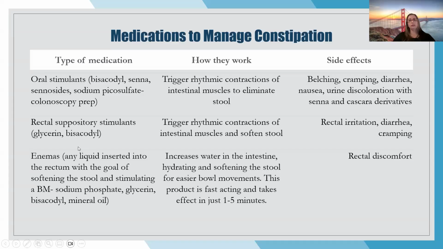And if those don't work, then we look at things like enemas. An enema is a bolus of fluid that goes into the rectum, and those generally work very, very quickly.